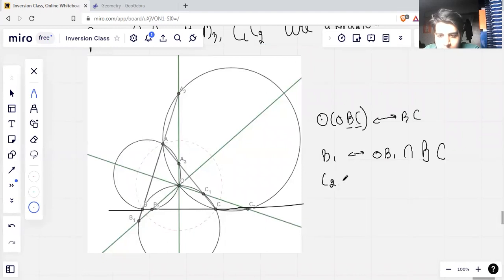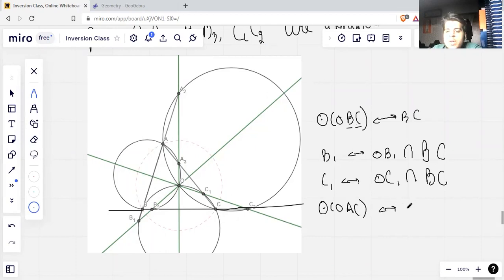And C2 goes to OC2 intersection BC. Now, if we consider the circle OAC, this should go to AC, which means C2 goes to OC2 intersection AC.